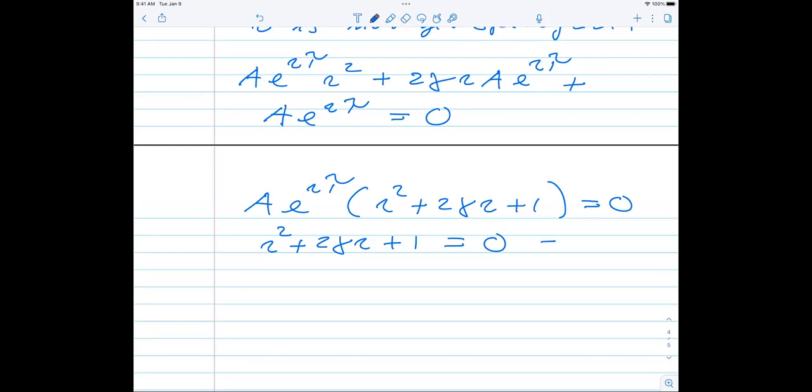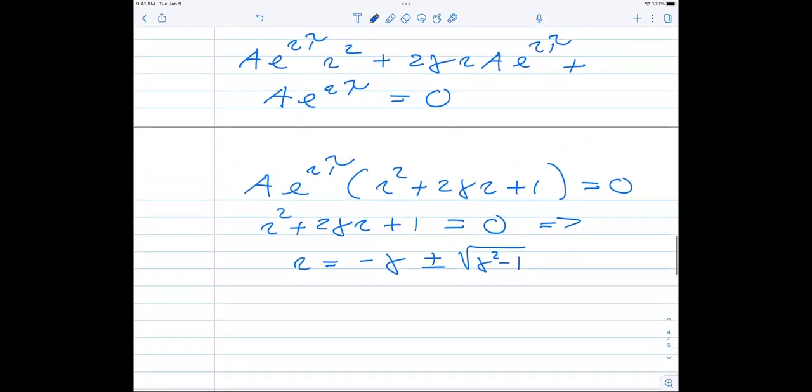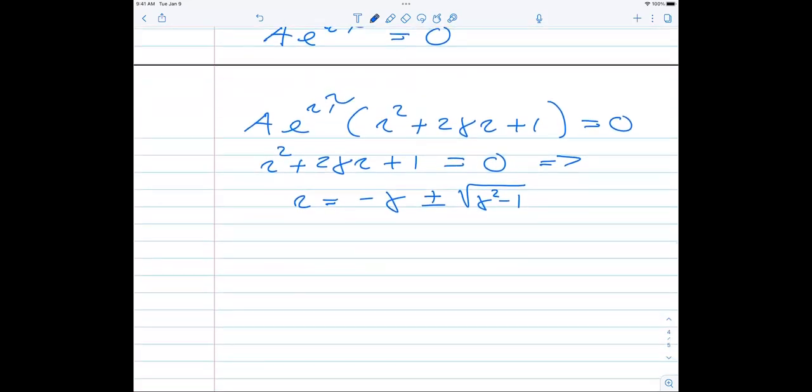So if we now just look up the definition of that, we know that R is now going to be given by minus gamma plus minus the square root of gamma squared minus 1. Everybody agrees with that? So that means that I can define now an R1, which is equal to minus gamma plus this term, which goes like the square root of gamma squared plus 1.